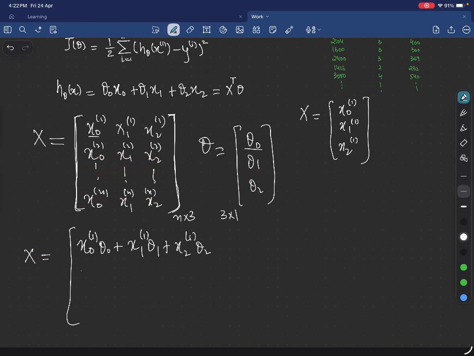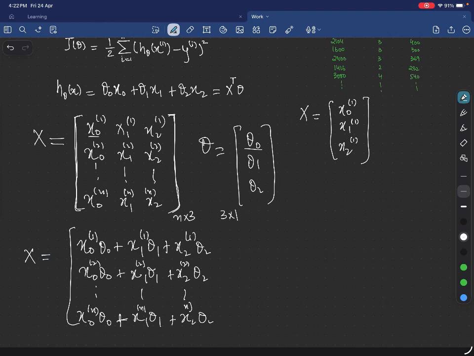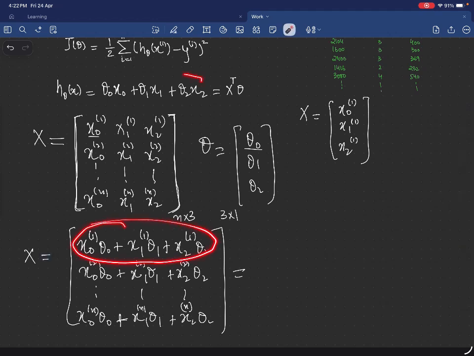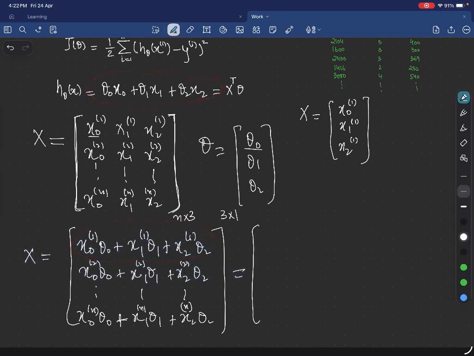Similarly, we'll get x naught theta naught plus x1 theta 1 plus x2 theta 2, but of the second training example, superscript 2, and so on up to the nth training example. As you can see, this sum is equal to this. We can write this as x theta. We have multiplied x and theta here.